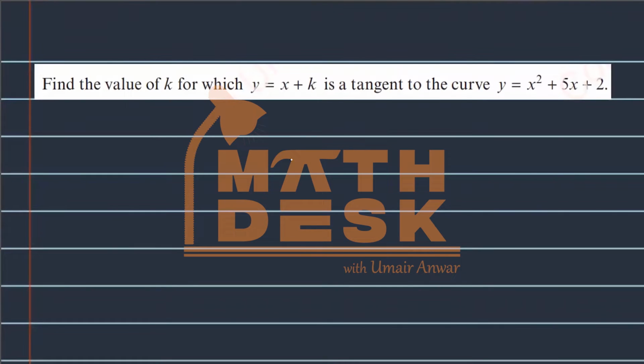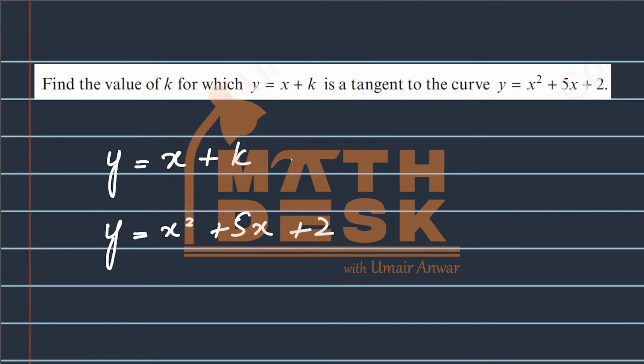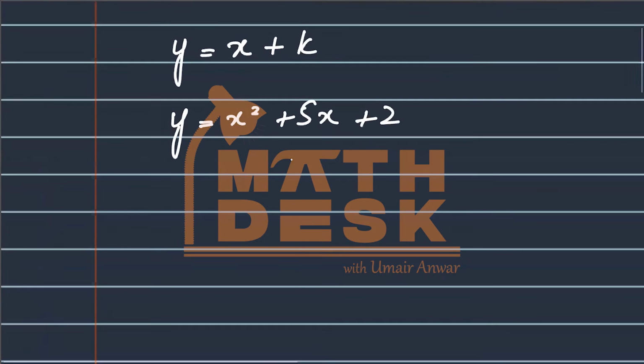So the first thing that I'm going to do is replace this y from the line in the equation of the curve. And the equation of the curve is y equal to x square plus 5x plus 2. So in place of y, I'm writing x plus k, which is equal to x square plus 5x plus 2.